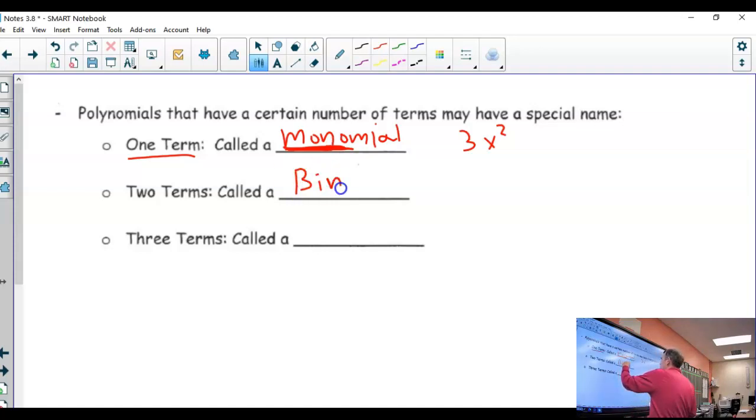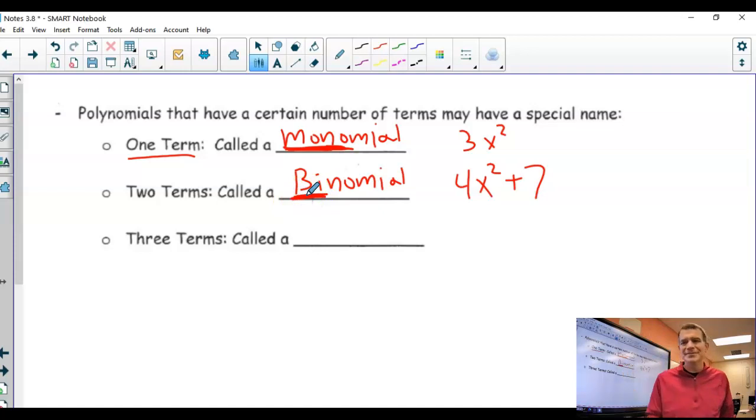Two terms is called a binomial. So that might be something like 4x squared plus 7. You know, like a bicycle, bi means two. Bicycle has two wheels. Binomial has two terms. And last up, three terms, I'm sure you can guess this by now, is called a trinomial.